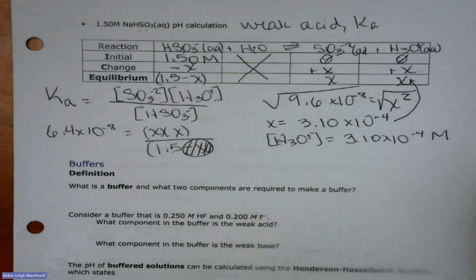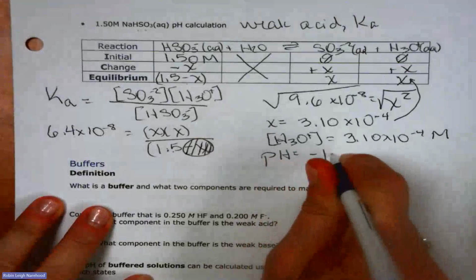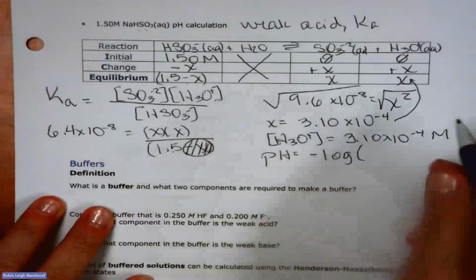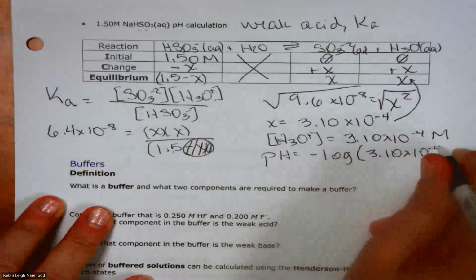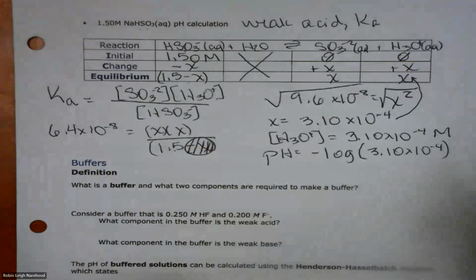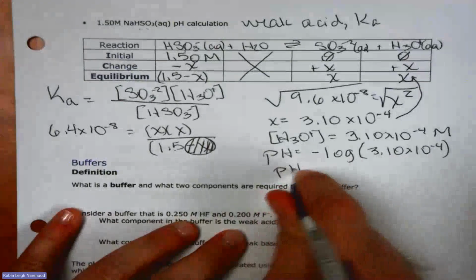So our goal is to get hydronium so that we can use the predicted hydronium concentration to calculate pH. So then you take pH equals negative log of the hydronium concentration. And you get 3.51.